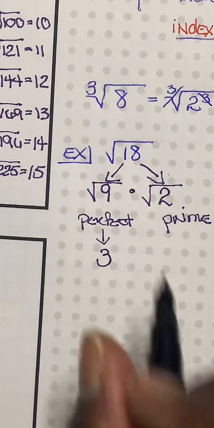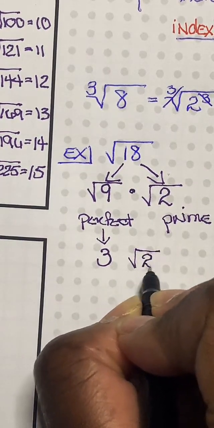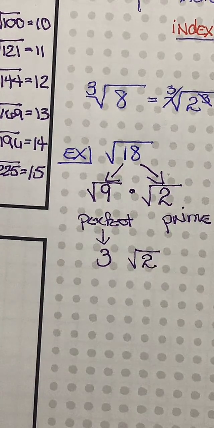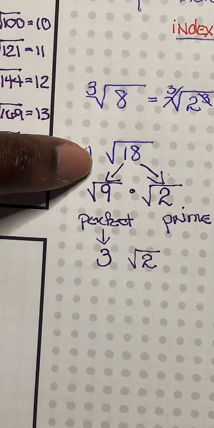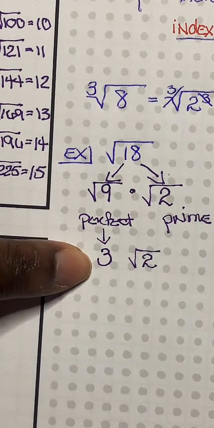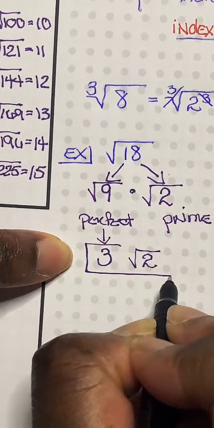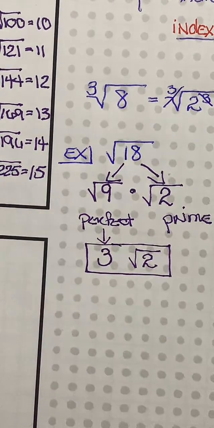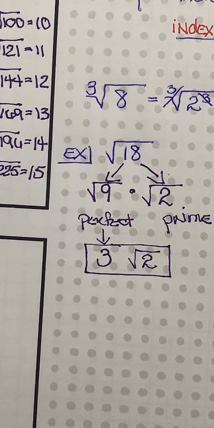So if you can't break it down, then just simply bring it down. So without disturbing the value of the square root of 18, we just simplified it in a way that we can probably do lovely things with it in other situations. Okay, so yes. So we got 3 square root of 2.